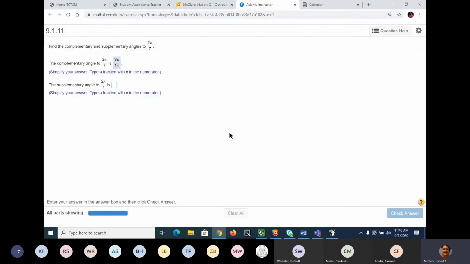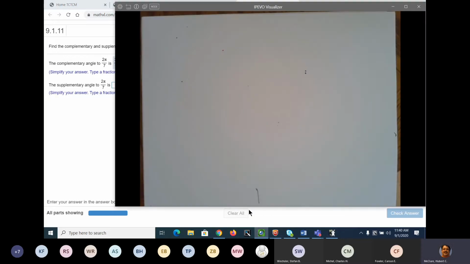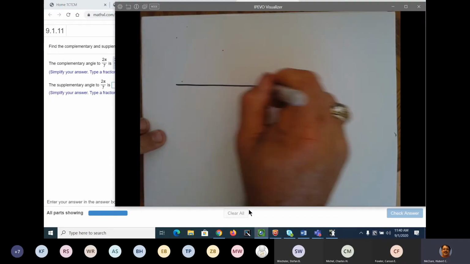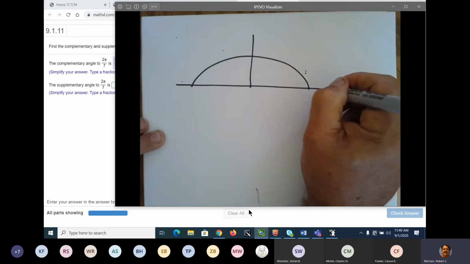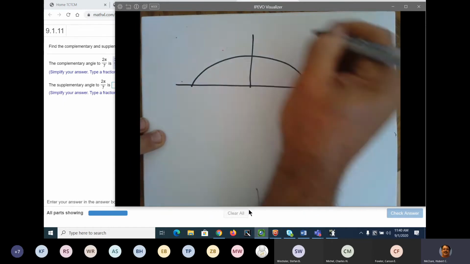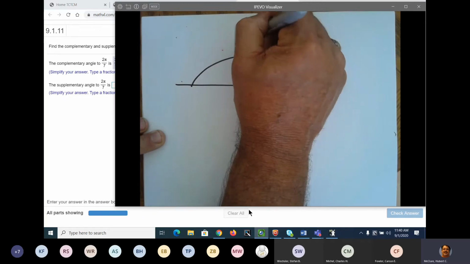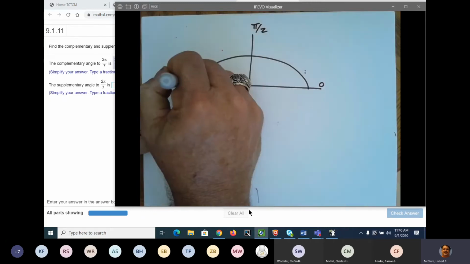Okay, but somebody else sent another one. Okay, supplementary. So let's do supplementary. Supplementary is going to be here, like that. We know this is 0, this is pi over 2, and this is pi.